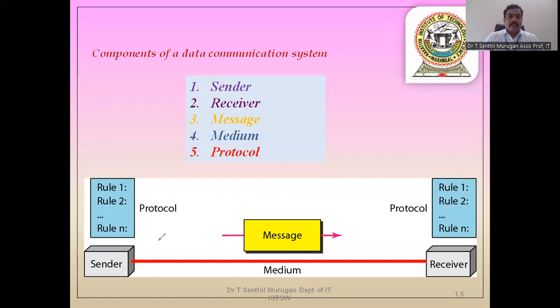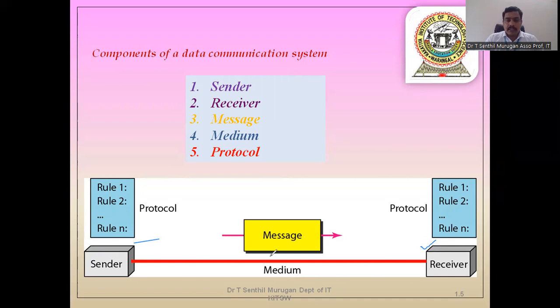The sender is sending the information. The receiver is receiving the information. These devices are transmission devices, so they are capable of sending and receiving the information.